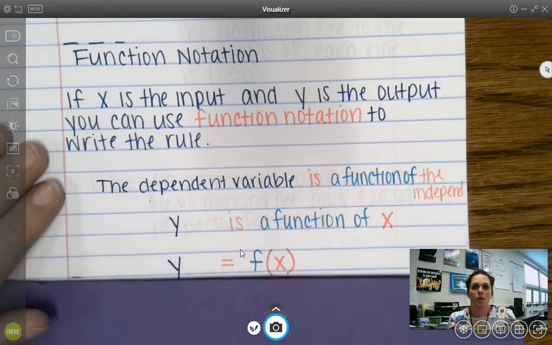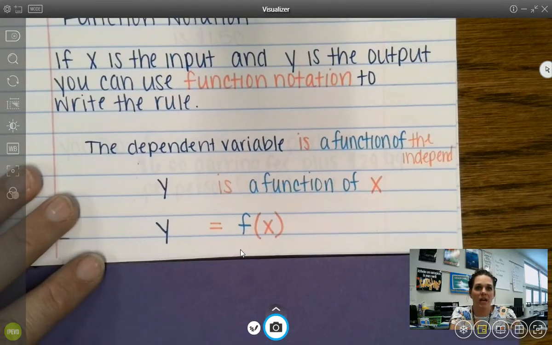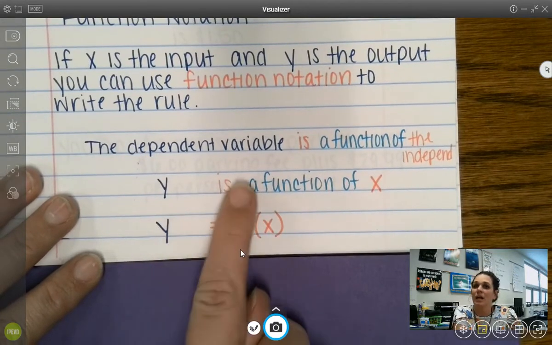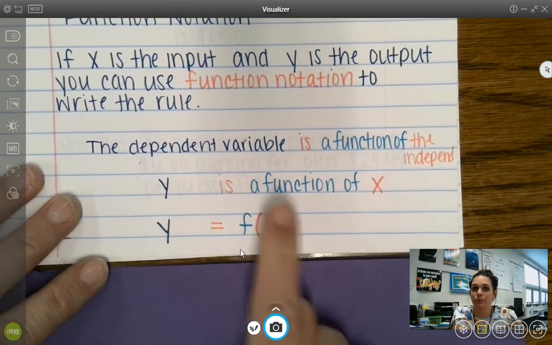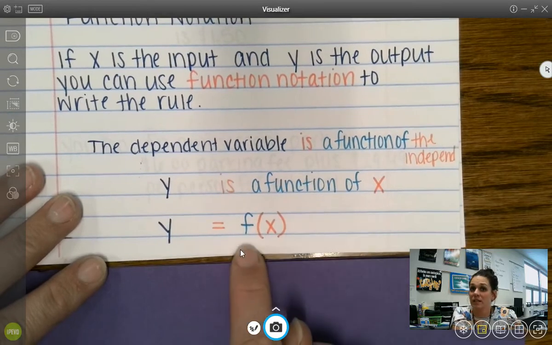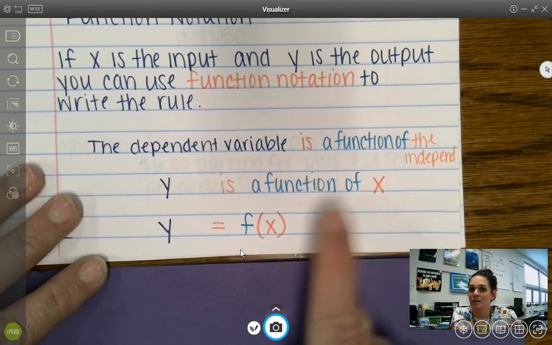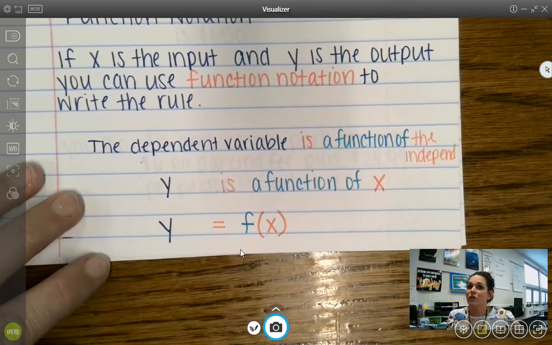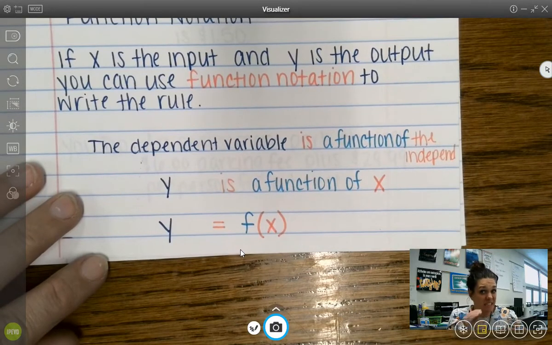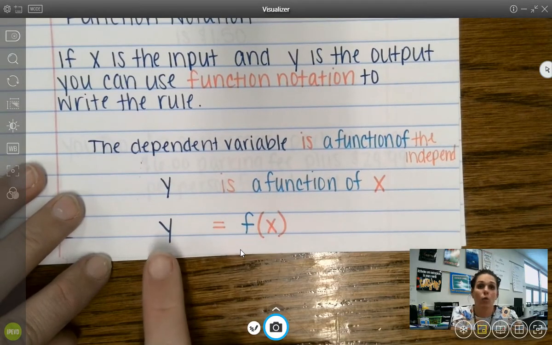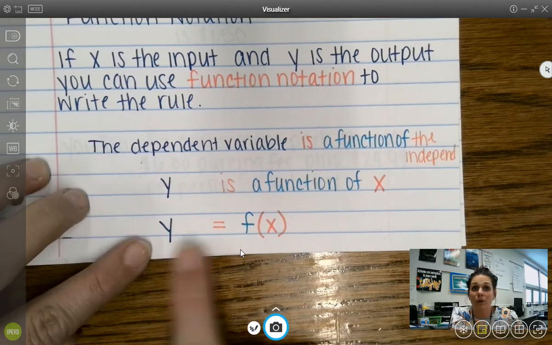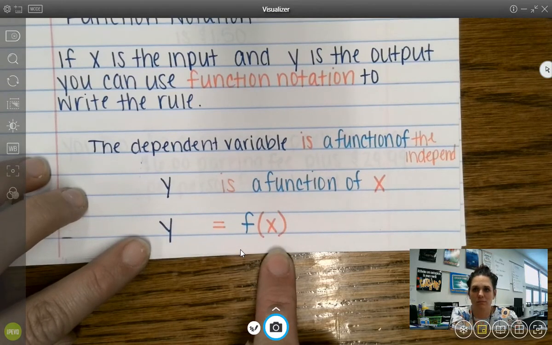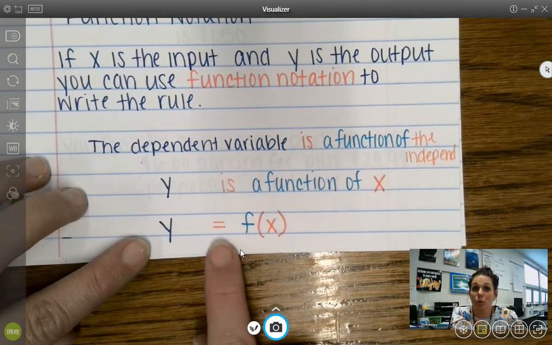Right? So because of this, we can change it again. Y is Y, is an equal sign, a function of is the letter F, and X is X. So function notation literally means replace Y with F of X. Equals.